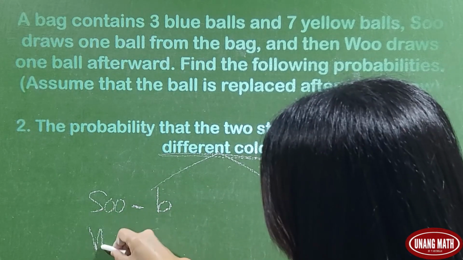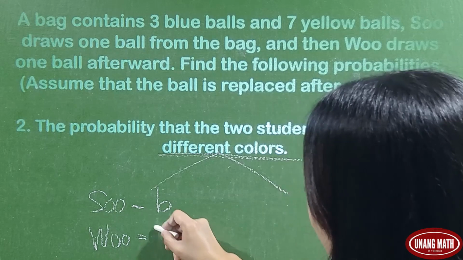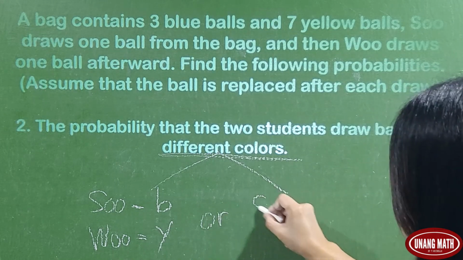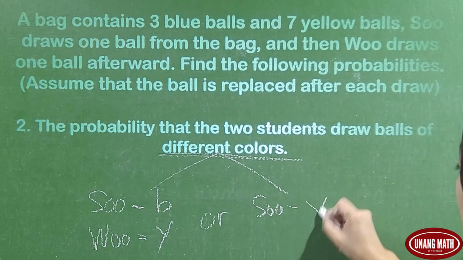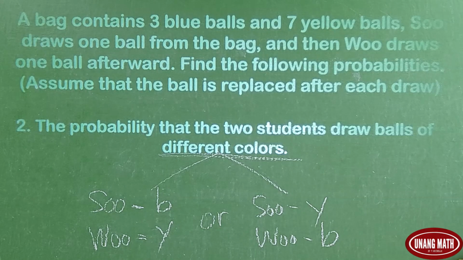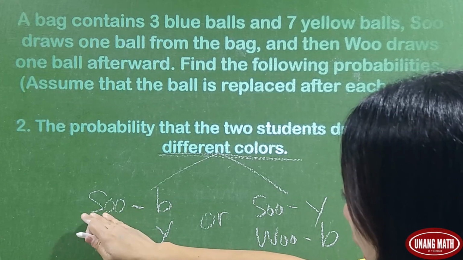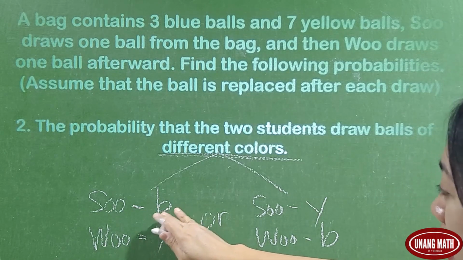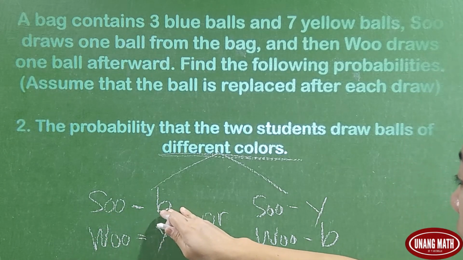For U, a yellow ball. Or in here, for Sue, yellow. For U, a blue ball.